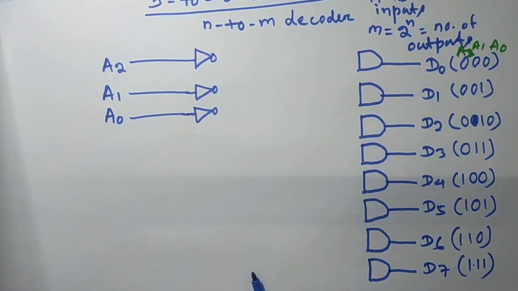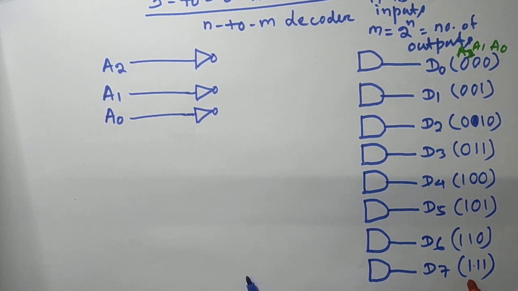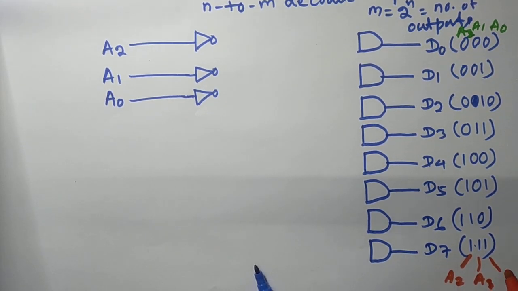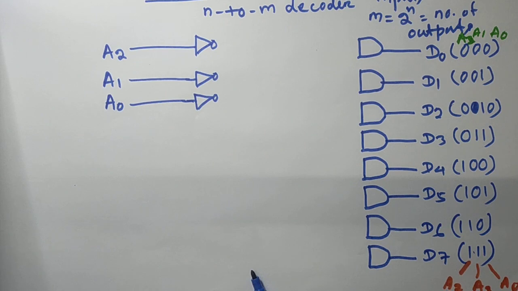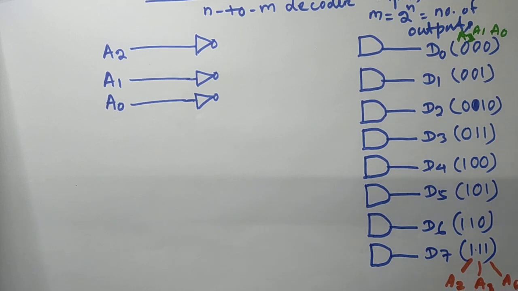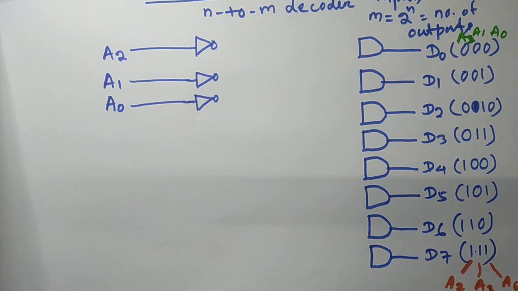Or we can also define it another way, a very simple way: the first part is A2, second part A1, lastly A0. As your choice we can write, but whenever we go through this number, how will it receive this input to this output?